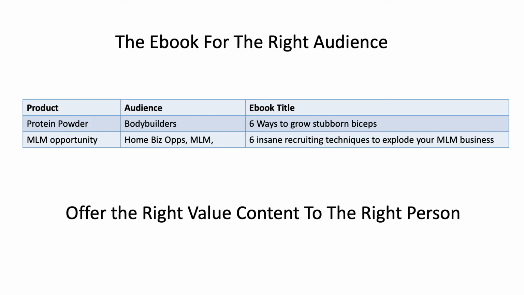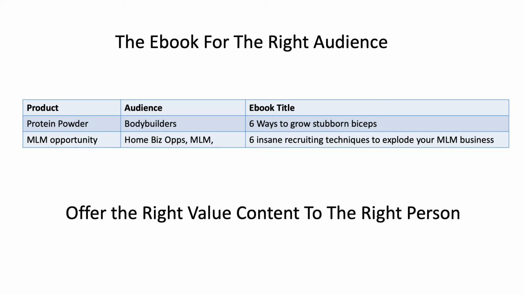So when we're creating our ebook, we need to make sure we're creating the right ebook for the right audience. For example, there's no point asking red wine drinkers to opt into your list by offering an ebook covering gin cocktails. Okay, it's just not going to work. Now, the small chart on the screen shows you a couple of examples. If you're promoting or selling protein powder, maybe your audience would be bodybuilders, and you would have an ebook title saying 6 ways to grow stubborn biceps.